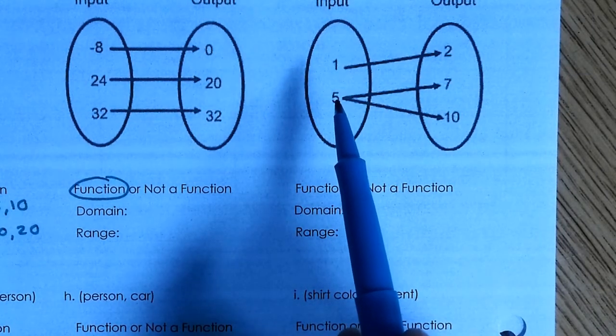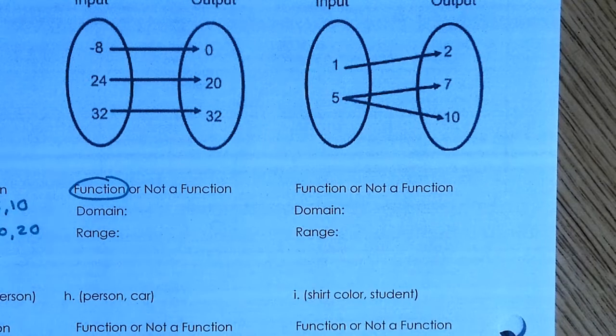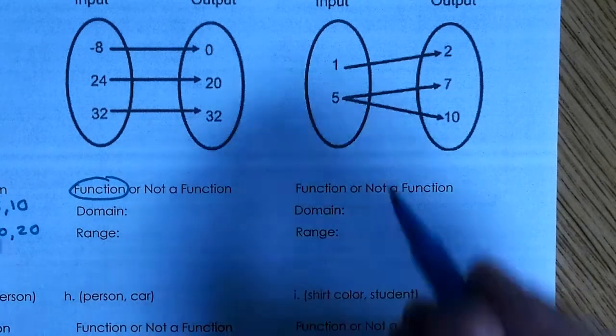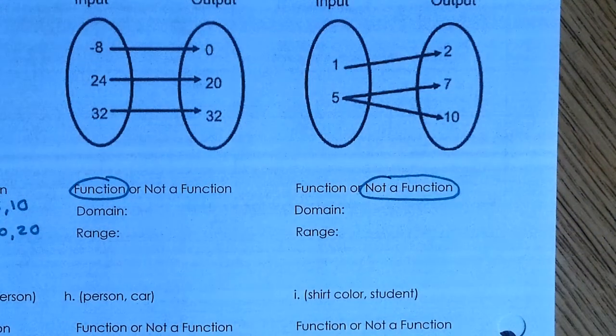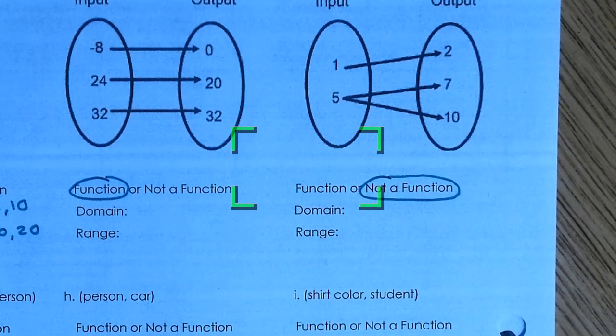But what's going on with that 5? The 5 doesn't have just one output. It has two outputs. So is that a function? No, because it has multiple outputs. Remember, every input has to have one output. Only one output.